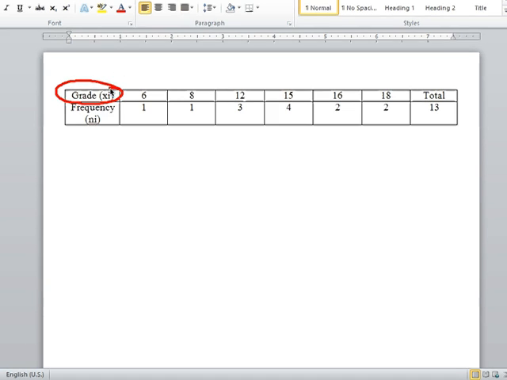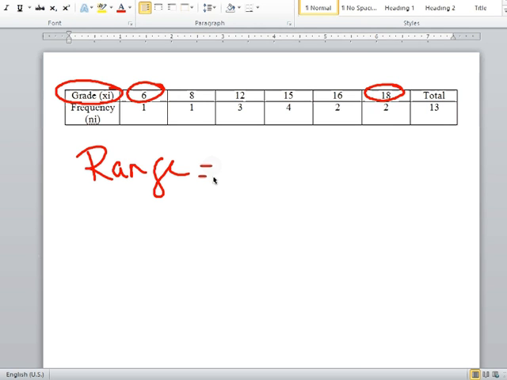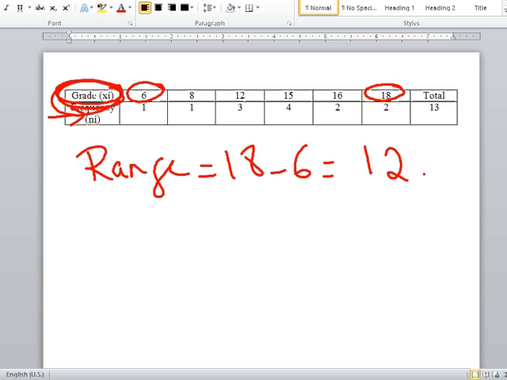Here the highest value is 18 and the lowest value is 6. So the range is equal to 18 minus 6, which is 12. You don't look at the frequency, just look at the variable. My variable here are the grades, the highest value minus the lowest value.